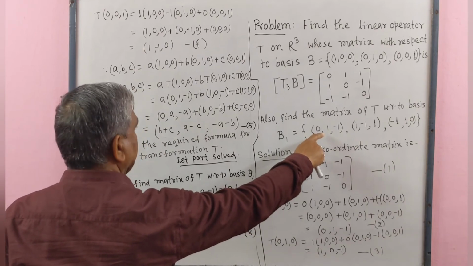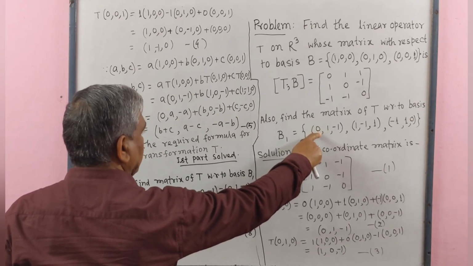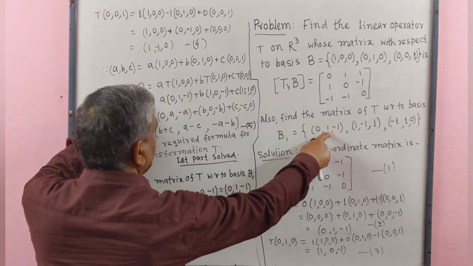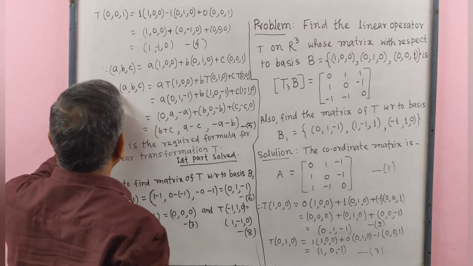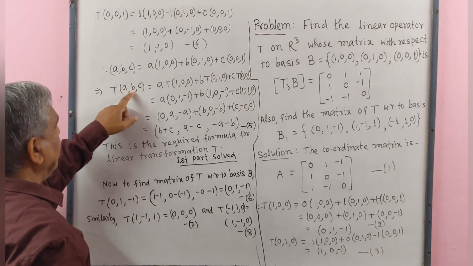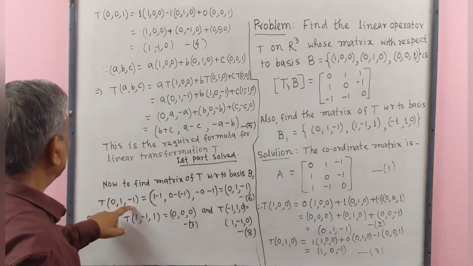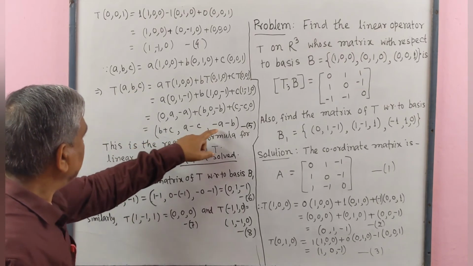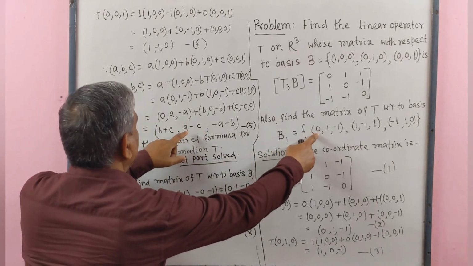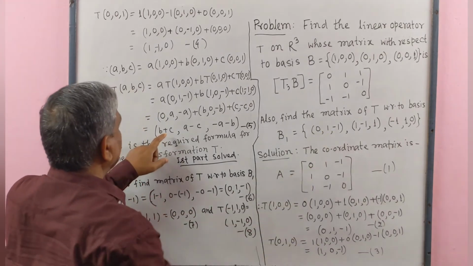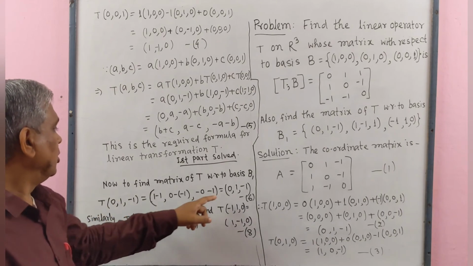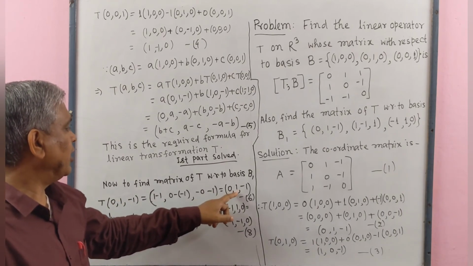If we put 0 as a, 1 as b, and -1 as c, then T(0, 1, -1) will be on the right side also. In place of a we write 0, in place of b we write 1, in place of c we write -1, and we get the ordered triplet (0, 1, -1).